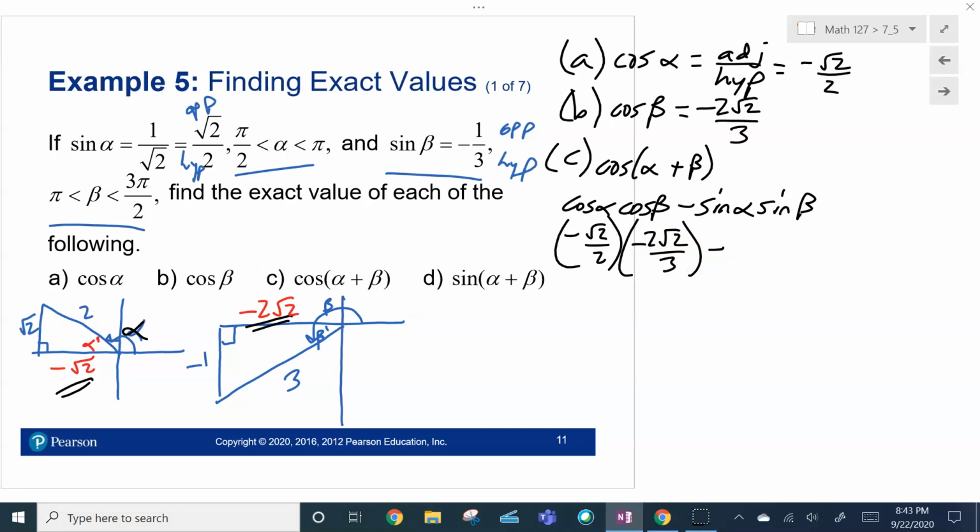Minus sine alpha, we were given sine alpha, it was root 2 over 2. Sine beta we were also given, that was negative 1/3, or of course you can look at the picture that we created it from. So now we multiply: negative root 2 times negative 2 root 2, so I got 2 times 2, I got 4, plus root 2 over 6, so I got 4 plus root 2 all over 6.